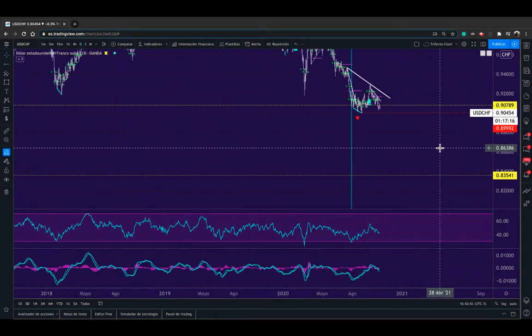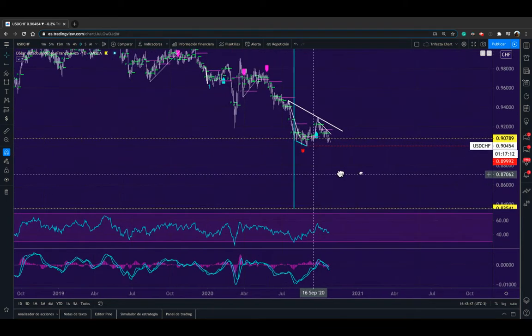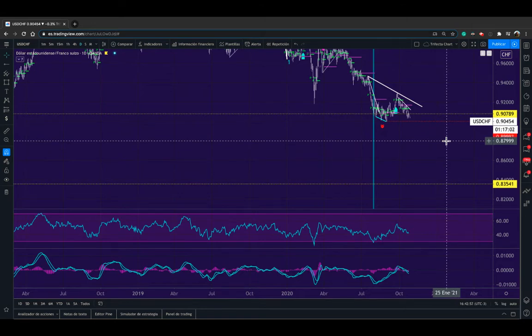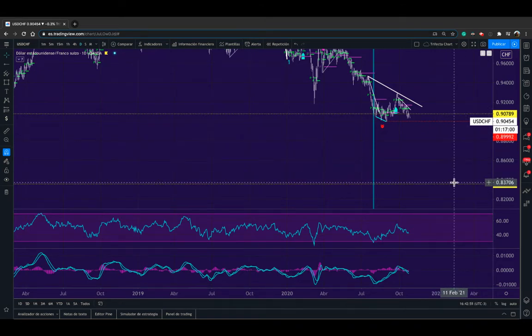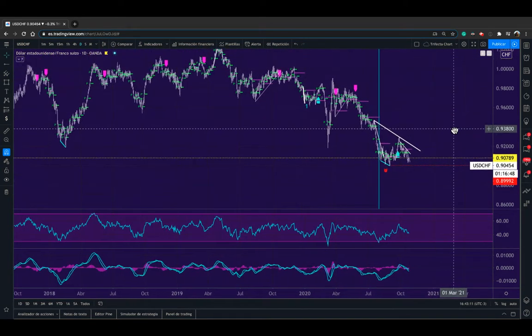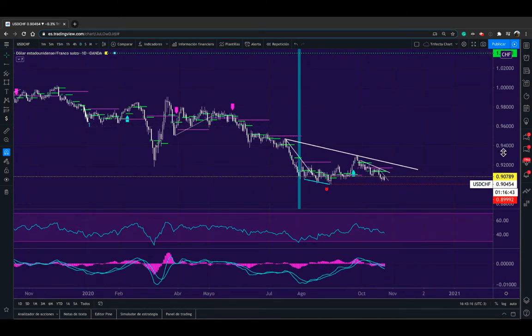So we do not want to be inside this trade if we break 0.8999, because we have nothing to prevent the price from going to test the historical level of 0.8354. That's the main thing to consider with this setup.